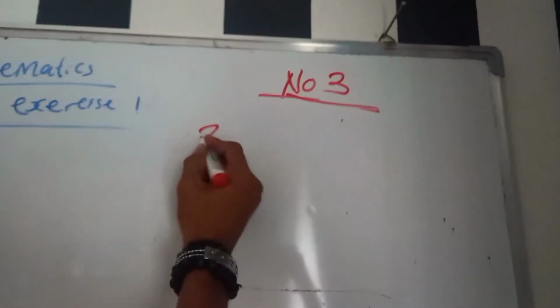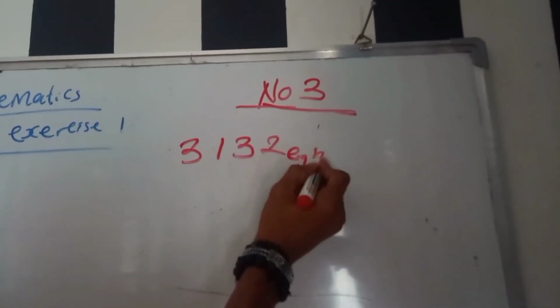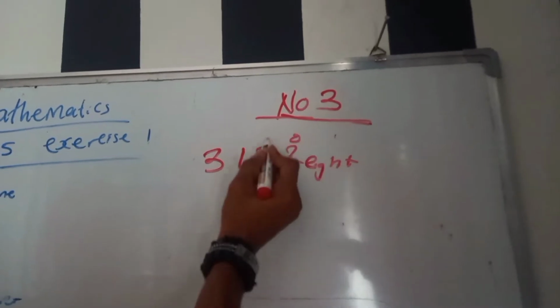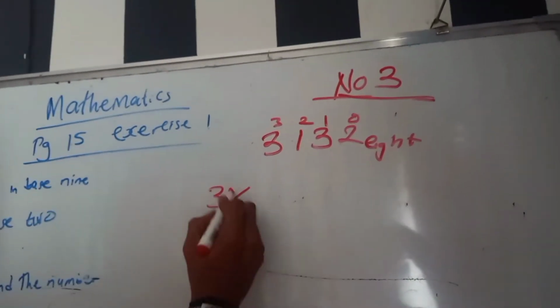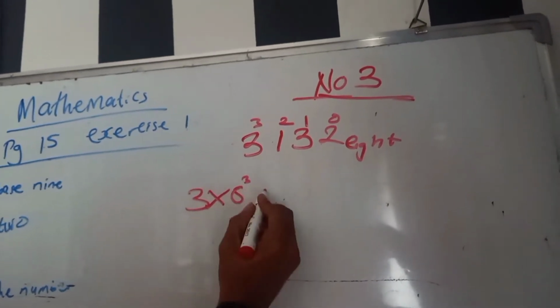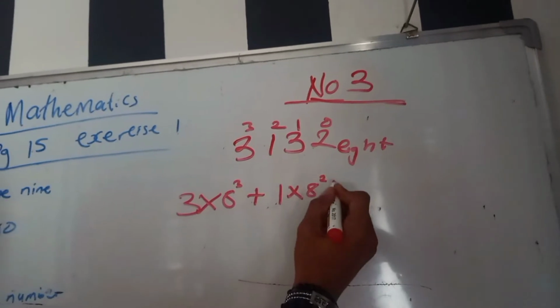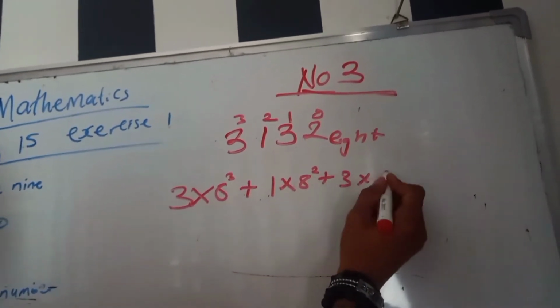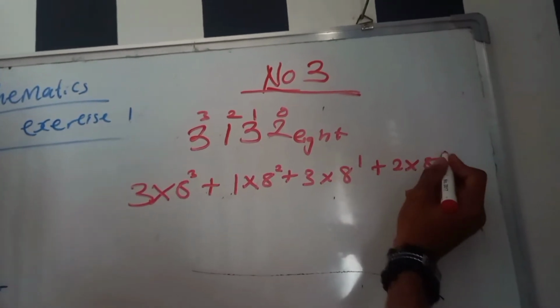We have 3132 base what? 8. You number the digits 0, 1, 2, 3. So 3 times 8 to the power of what? 3, plus 1 times 8 to the power of what? 2, plus 3 times 8 to the power of what? 1, plus 2 times 8 to the power of 0.